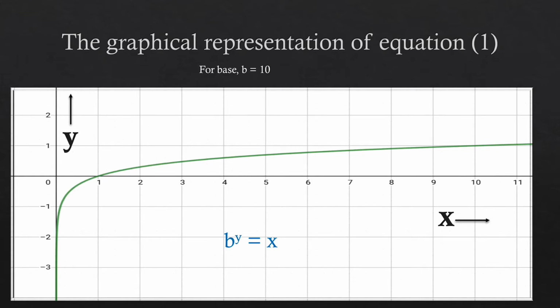And you can observe that when y equal to 0, the value of x equal to 1, and when the value of y equal to 1, the value for x equal to 10.